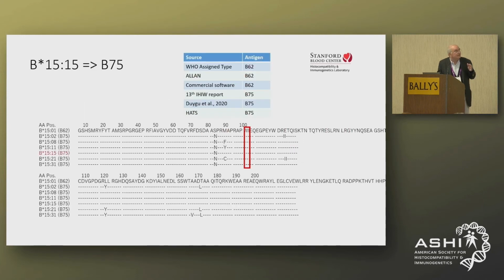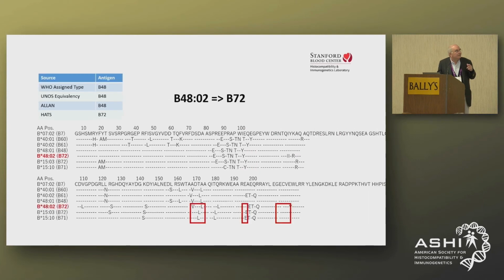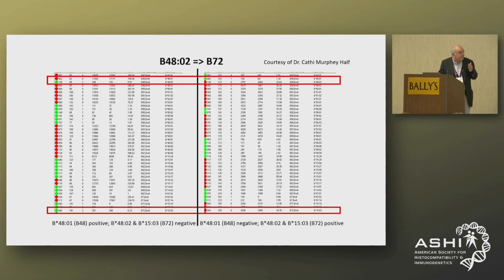Let me show you a little bit more on that. Here we have some cases, and B15 falls as B75. And for example, B4802, if you compare the alignment, really shares the same residues as B1503, that is B72.